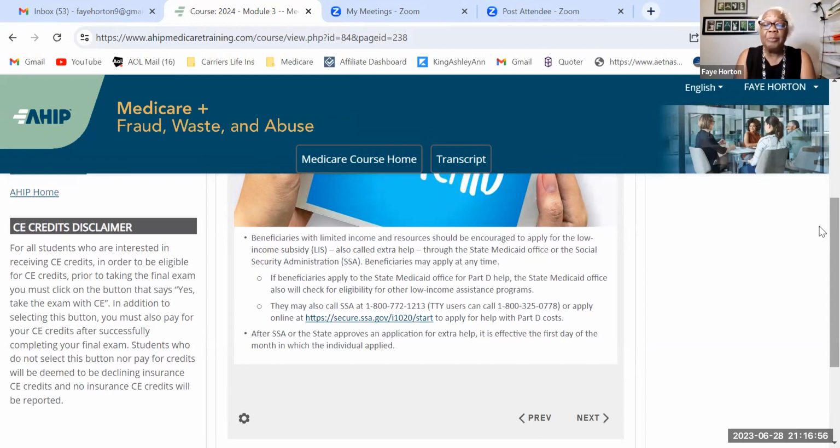If beneficiaries apply to the state Medicaid office for Part D help, the state Medicaid office also will check for eligibility for other low-income assistance programs. Beneficiaries may apply for help by calling 1-800-772-1213, which is the Social Security Office, or going to ssa.gov.